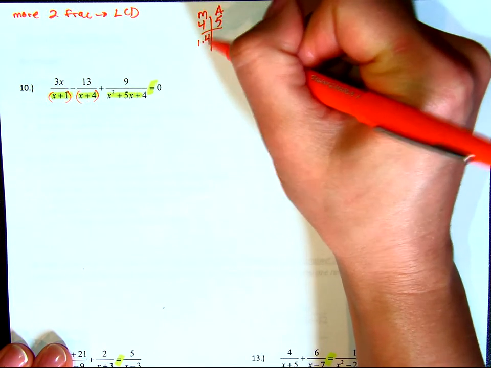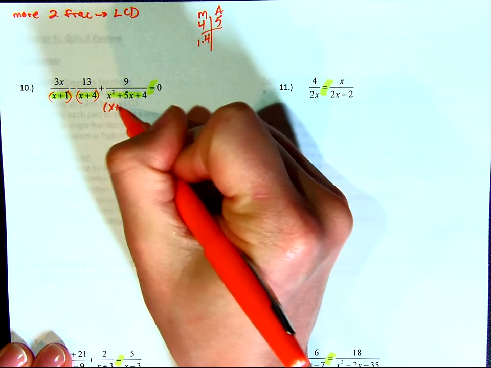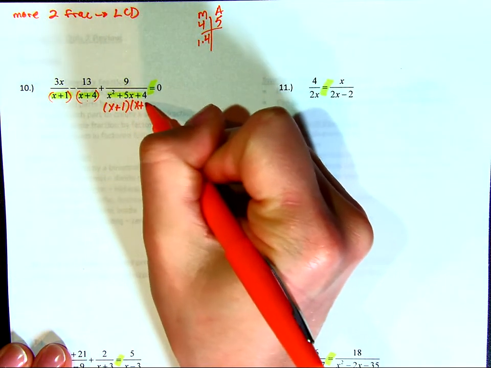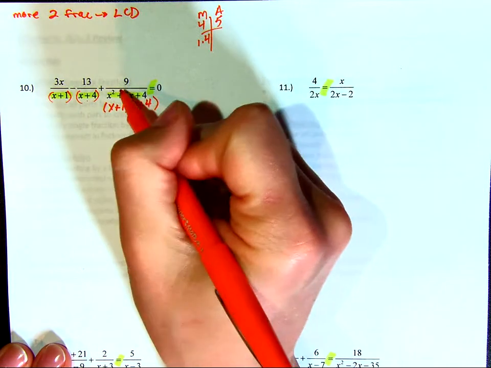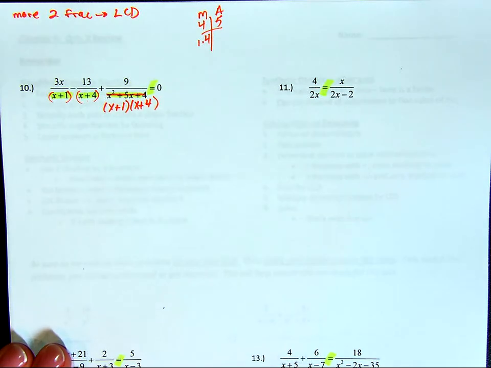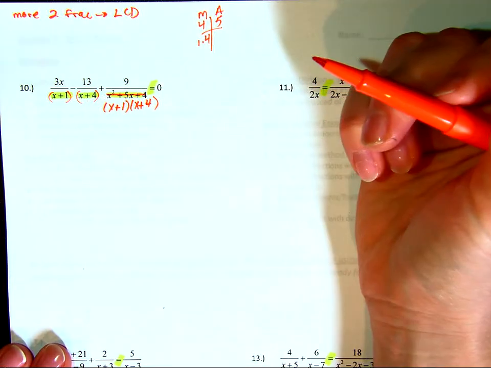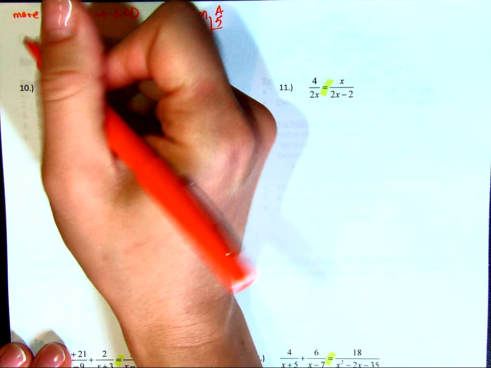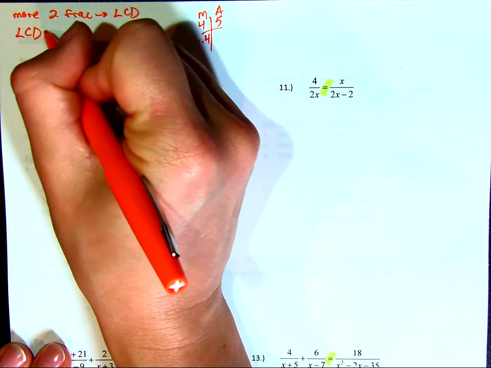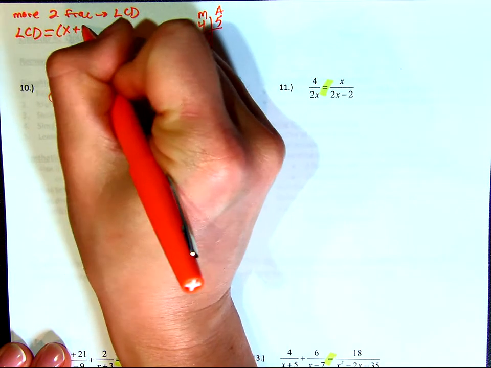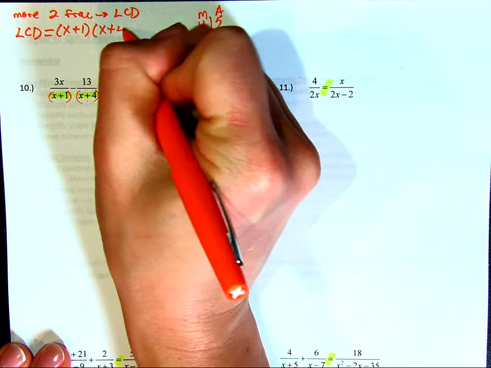Well, that would be 1 and 4, so this becomes x plus 1, x plus 4, and we can go ahead and eliminate that piece. There is no denominator on this side, so I don't have to worry about that. So my LCD is x plus 1, x plus 4.